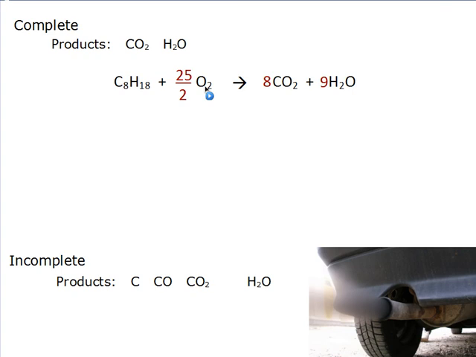Or, instead of 25 over 2, we could write that as 12.5. So every mole of octane requires 12.5 moles of oxygen to react to form 8 moles of carbon dioxide and 9 moles of water. And that's how you write a complete combustion equation.